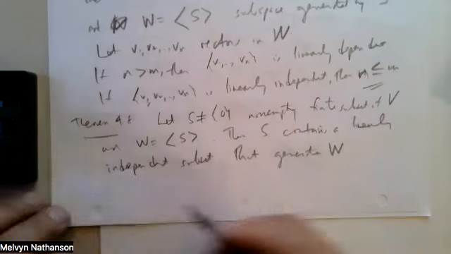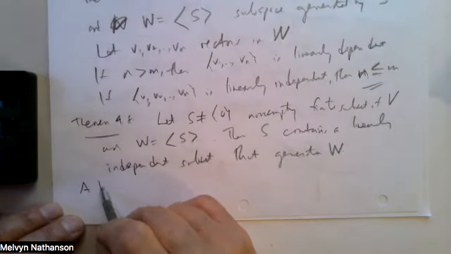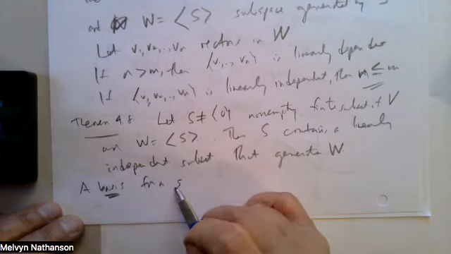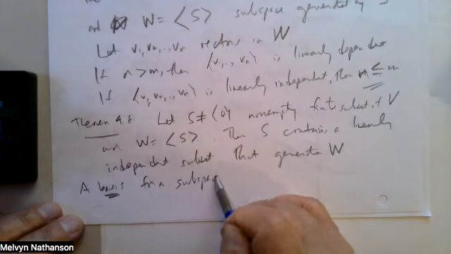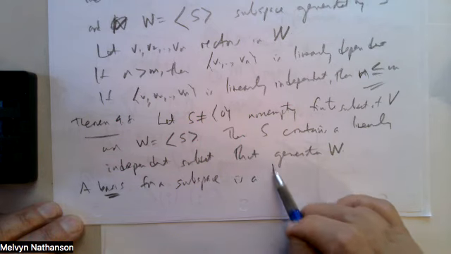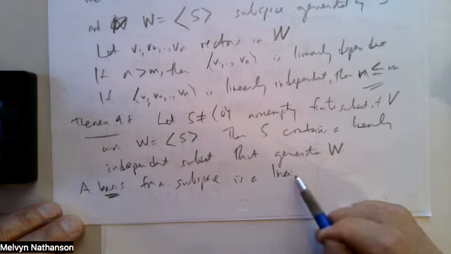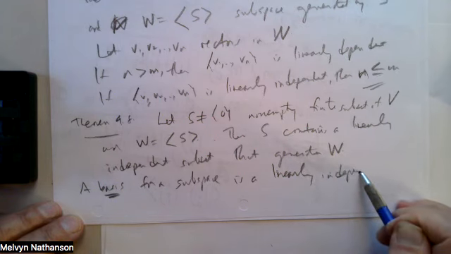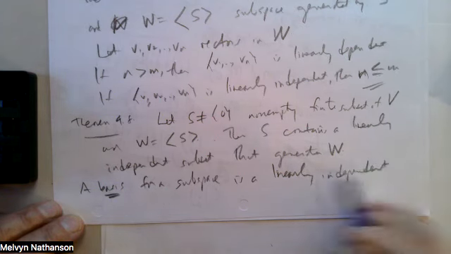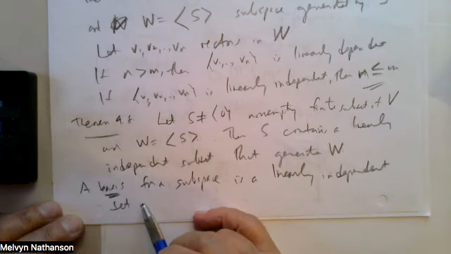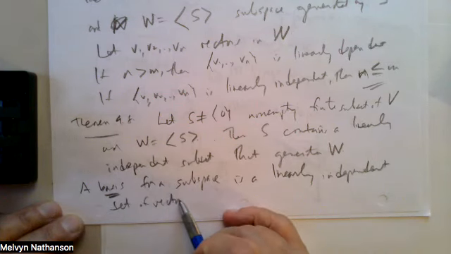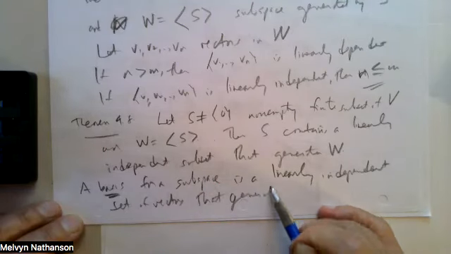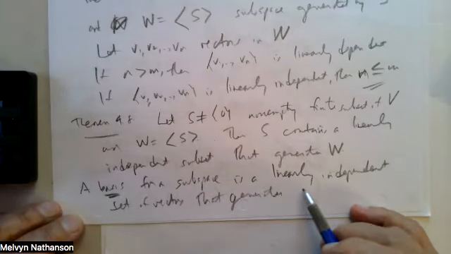And this gives us the definition of a basis. A basis for a subspace is a linearly independent set of vectors that generates the subspace.